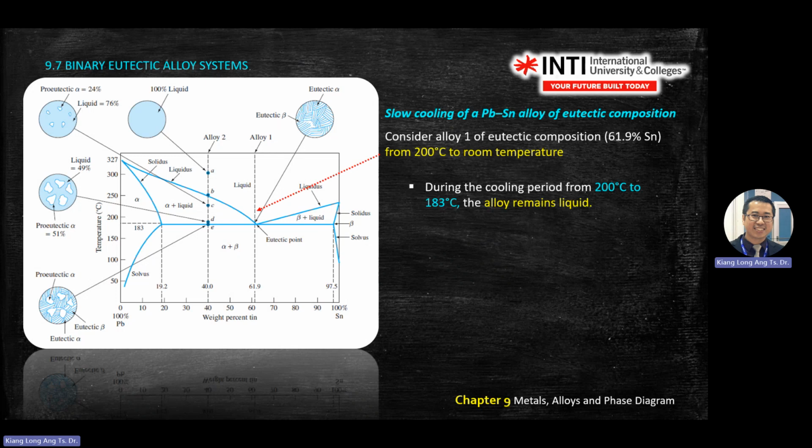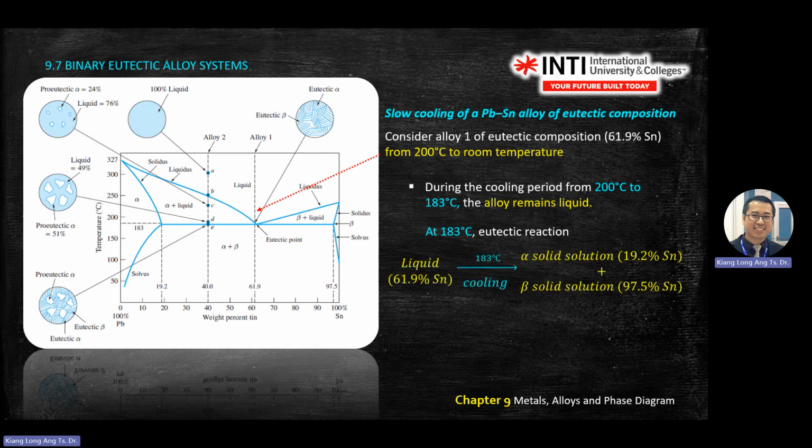The rest is just reading from graph, slow cooling, eutectic composition. So let's say you cool down from 200 degrees C. After the temperature above 183, you see liquid. Then you reach 183, eutectic reaction happens. So again, you write the eutectic reaction.